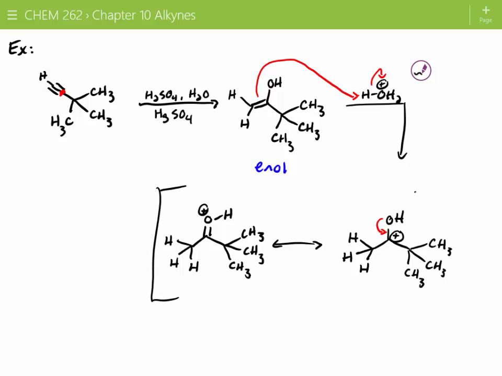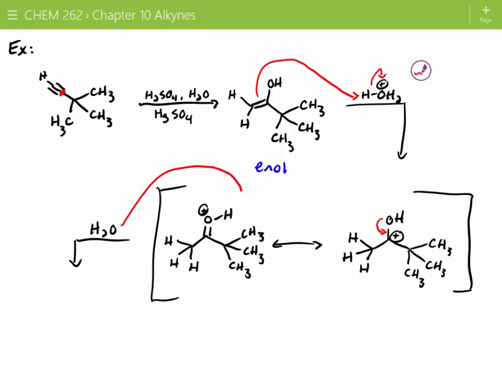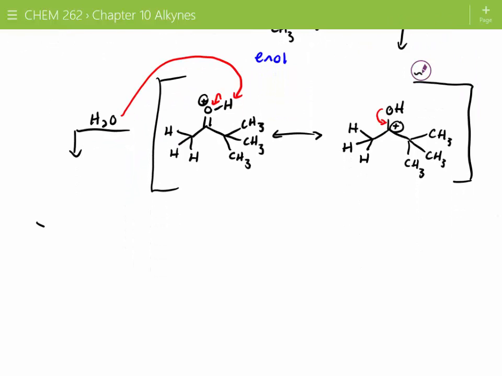So now we've delocalized that positive charge between that oxygen and the carbon. And then what's the last step? Deprotonation. The step that a lot of people tend to forget about, but is very important. So this oxygen will come, grab that proton, dump electrons down to that oxygen. And we end up with our ketone.